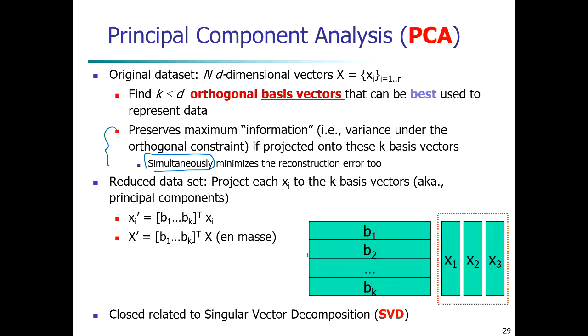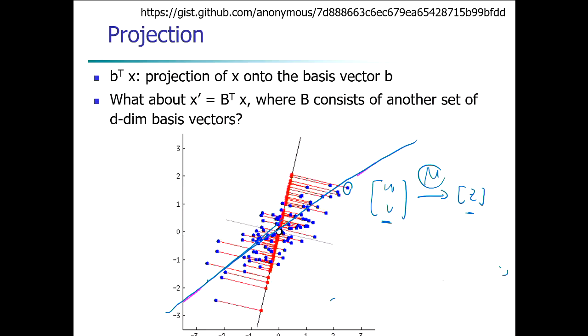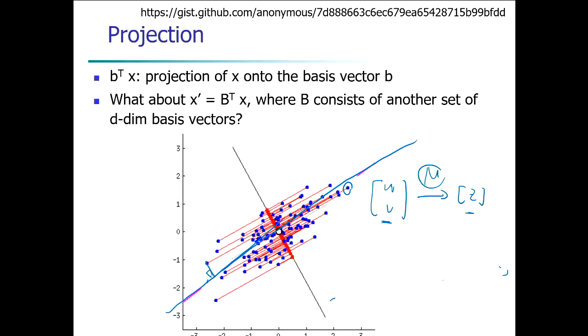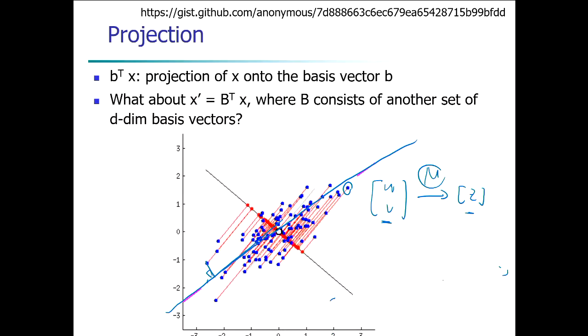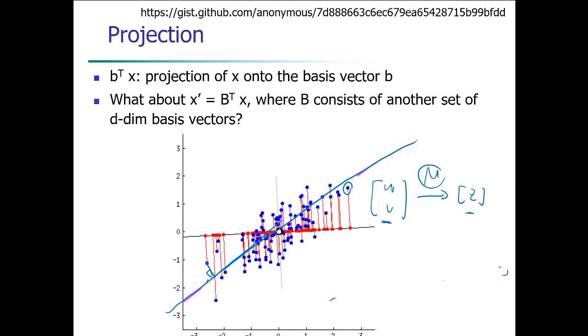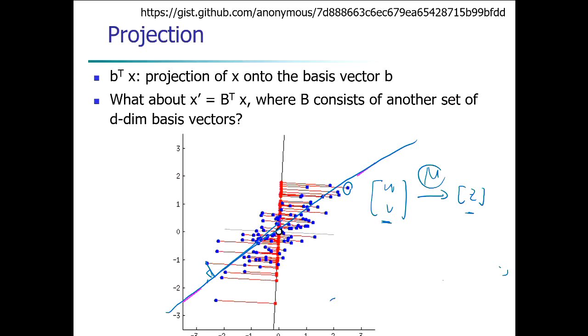And also you can think about if I use the projection to approximate each data point, the residue, for example the line to the projection, the total distance to some extent is actually minimized. Which means if I use my one-dimensional points to represent my two-dimensional points, it's almost, in some sense, the best approximation I can have.